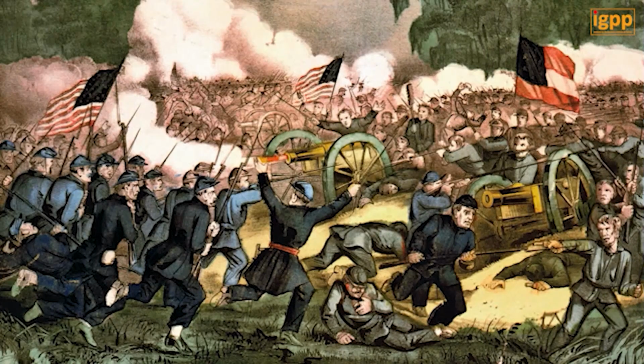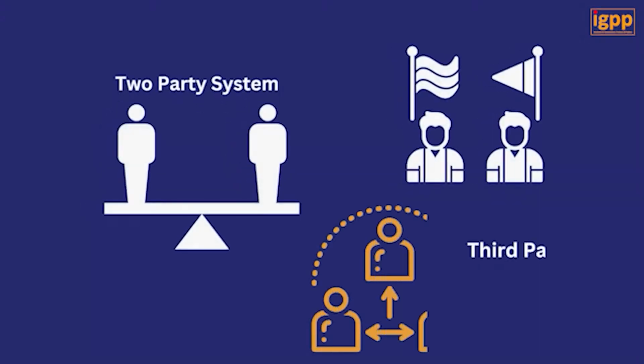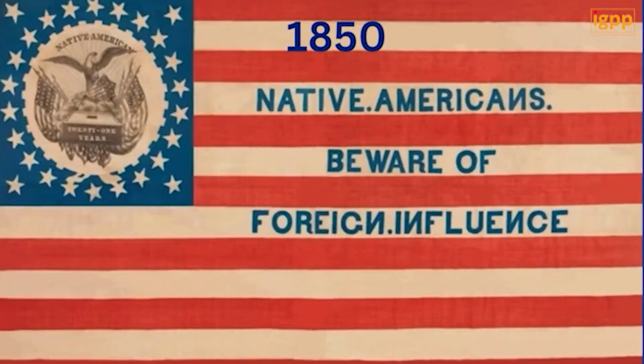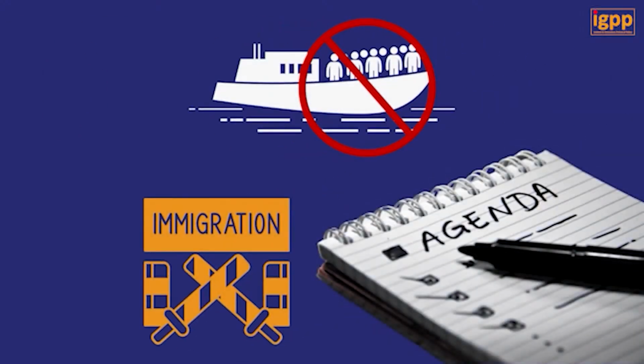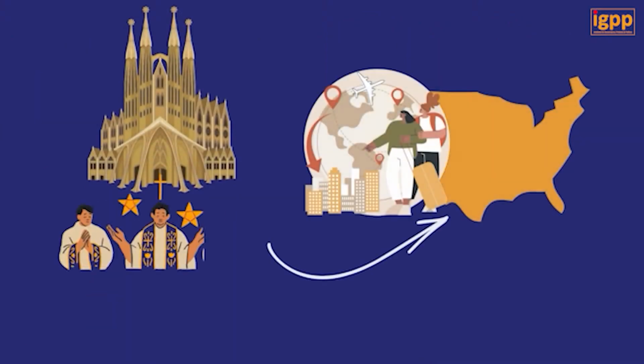While this is the brief history of the two major parties and the two-party system in the US, there have also been attempts at organizing third parties. The Know-Nothing Party, also known as the American Party, rose to prominence in the 1850s. With a secretive and anti-immigrant agenda, they opposed immigration, particularly from Catholic countries, earning their moniker from their cryptic response to inquiries, "I know nothing."